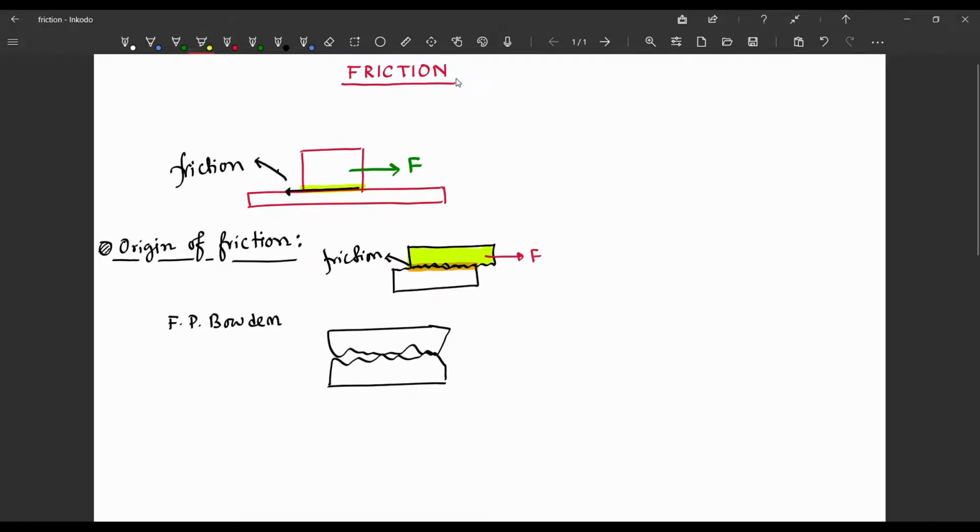That means the actual contact area is very less compared to the overall contact area. These are the actual contact areas. Therefore, at these points or areas, the pressure between these two bodies is very high.